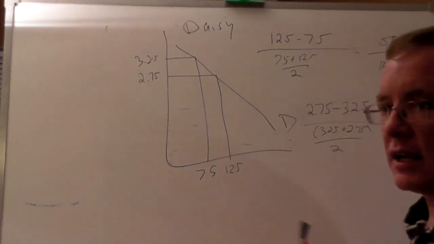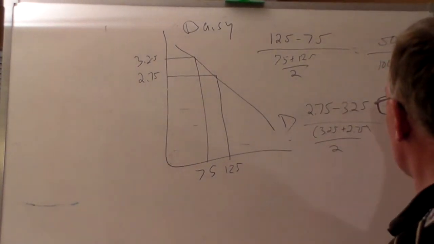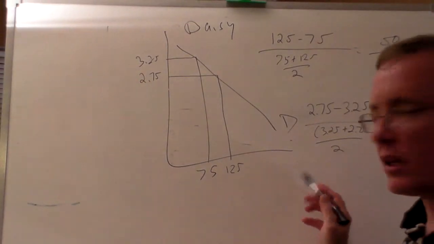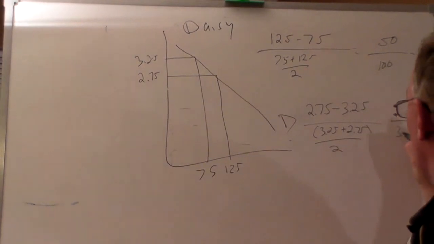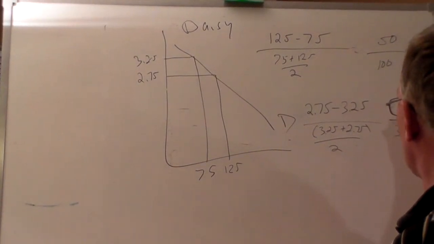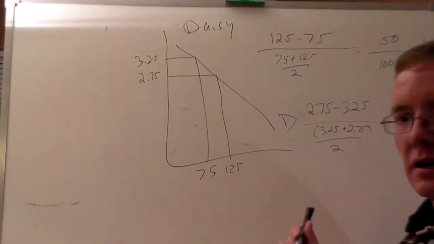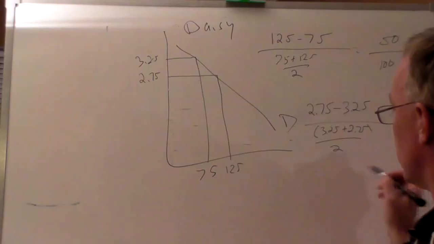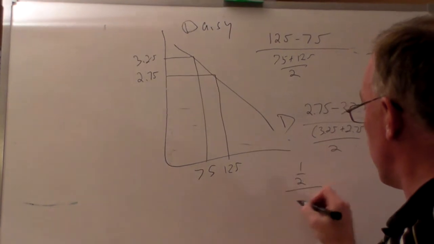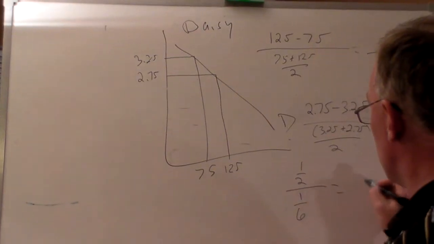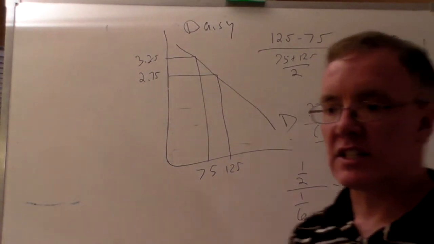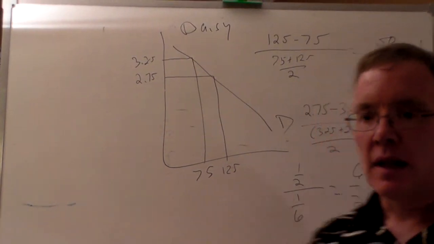And so the change in the price is going to end up being 50 cents, and the average is going to end up being $3. And so this is going to end up being 1/6, or 0.166666. And so if we have 1/2 divided by 1/6, that's going to equal 6 over 2, which is going to equal 3. So we have an elasticity of 3.